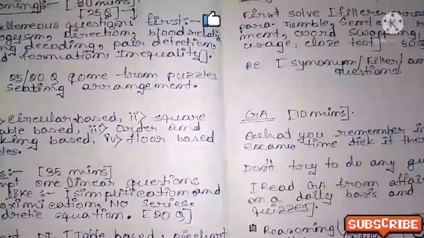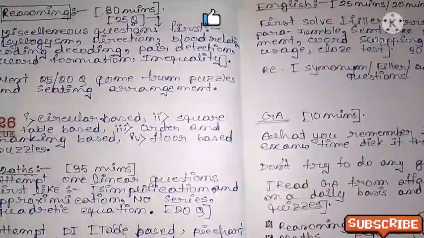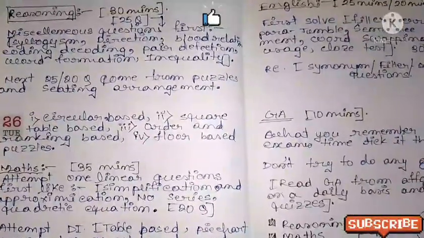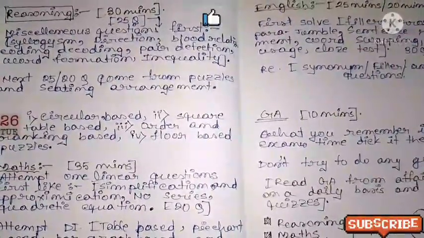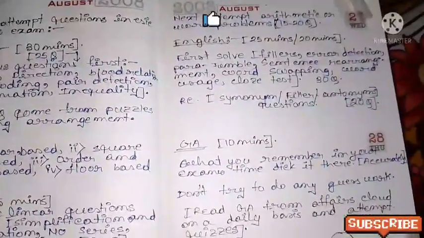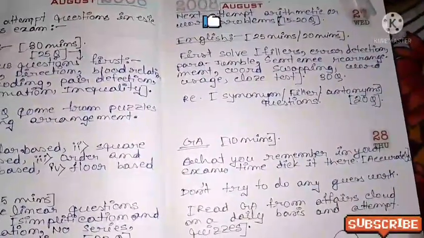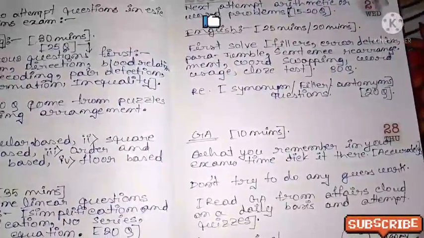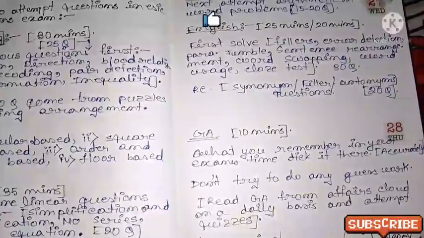And if I talk about how much time I give to each section of ESIC MTS Mains, for the reasoning section I give 30 minutes, the maths section 35 minutes, the English section 20 or 25 minutes, and for GA 10 minutes, and in the rest of the time I try to revise all the questions I attempted.